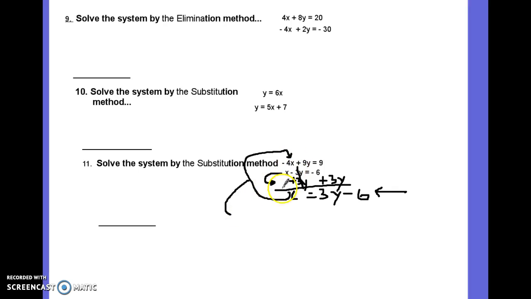Writing this equation, we have a negative 4. And instead of x, we're going to write what? This, 3y minus 6. Don't forget this plus 9, sorry, plus 9y actually. That's going to be equal to 9.